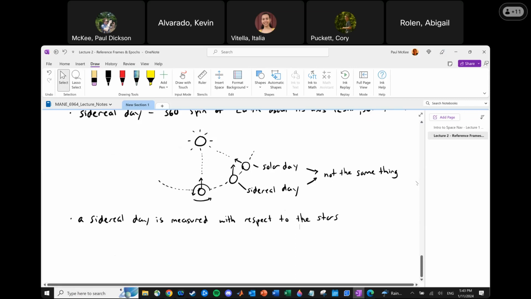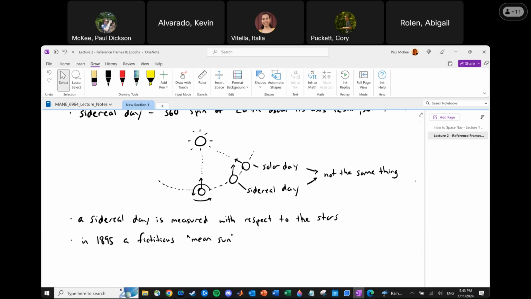So to deal with, this is a bit of a separate discussion, but to deal with perturbations in the length of a day, in 1895, a fictitious mean sun, not like it's rude to people, but like on average, was proposed to account for fluctuations.